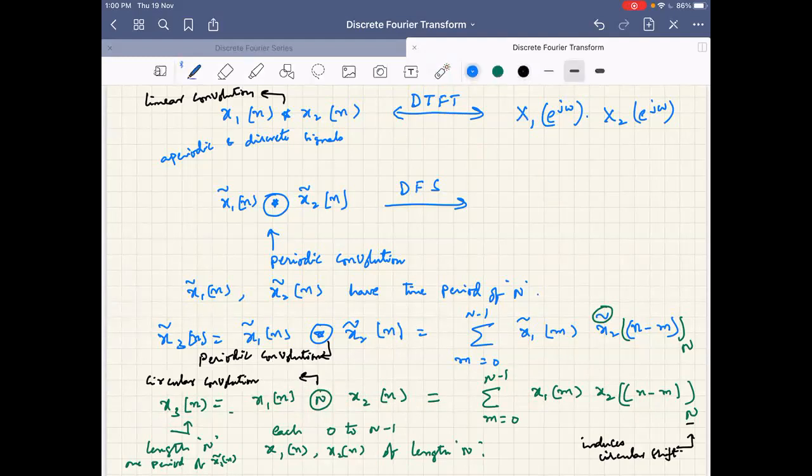Before we discuss that, let us write what will happen in this case in the frequency domain. If I take DFS now, what do you write? X1 of k multiplied with x2 of k.